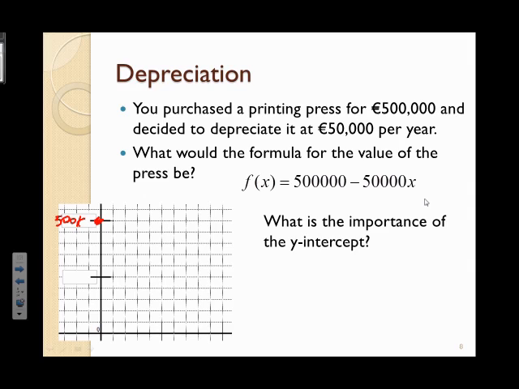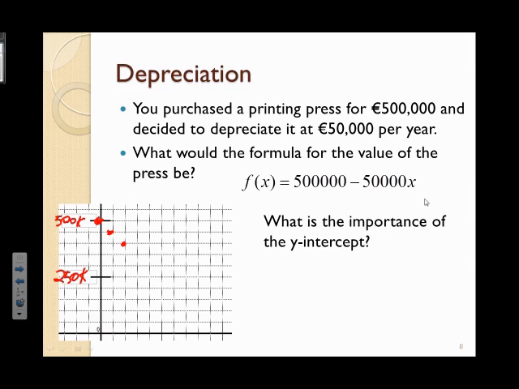So if we're setting this up, and this is at 250,000, k represents 1,000 kind of thing here, so you're aware of what's happening. And each year, it's going to come down 50,000. So each of these lines is 50,000. So at the end of the first year, the value is going to be there.